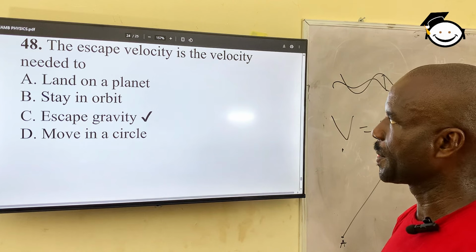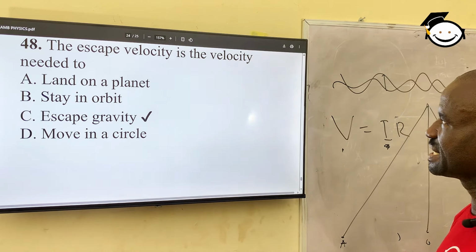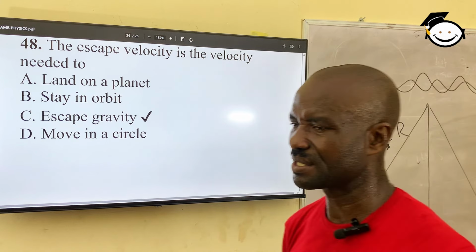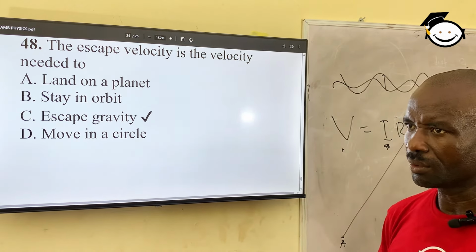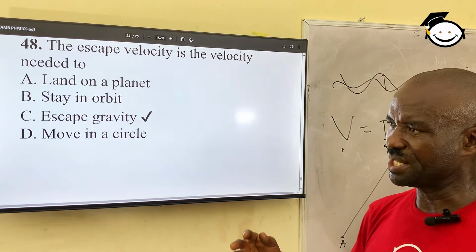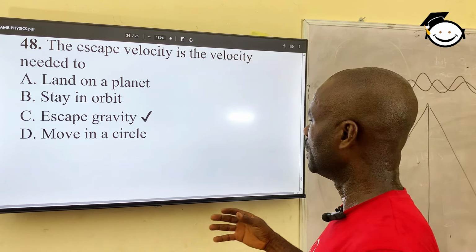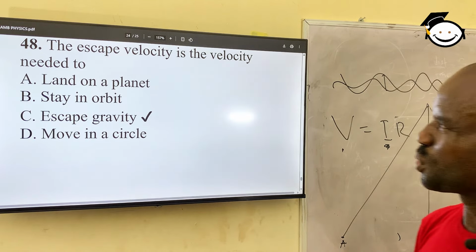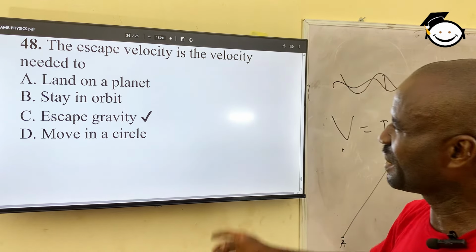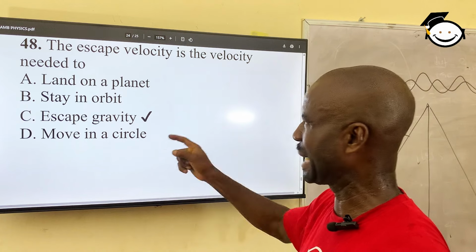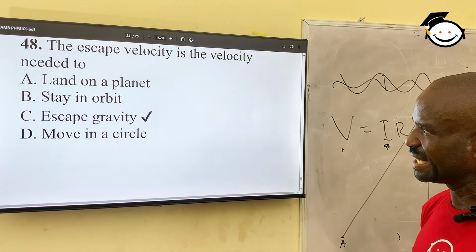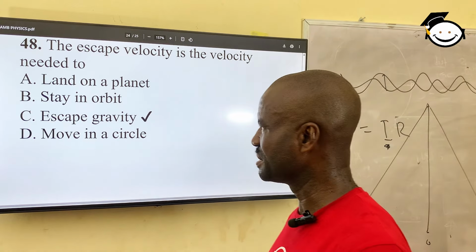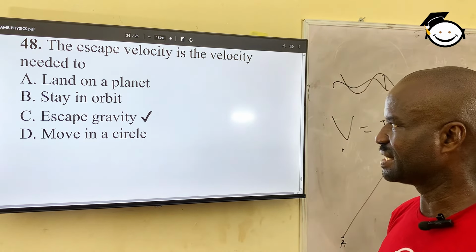48. The escape velocity is the velocity needed. When we say escape velocity, there's a speed at which you disobey the law of gravity. So what do we mean by escape velocity? The velocity needed to land on a planet, stay in an orbit, B, escape gravity, move in a circle.